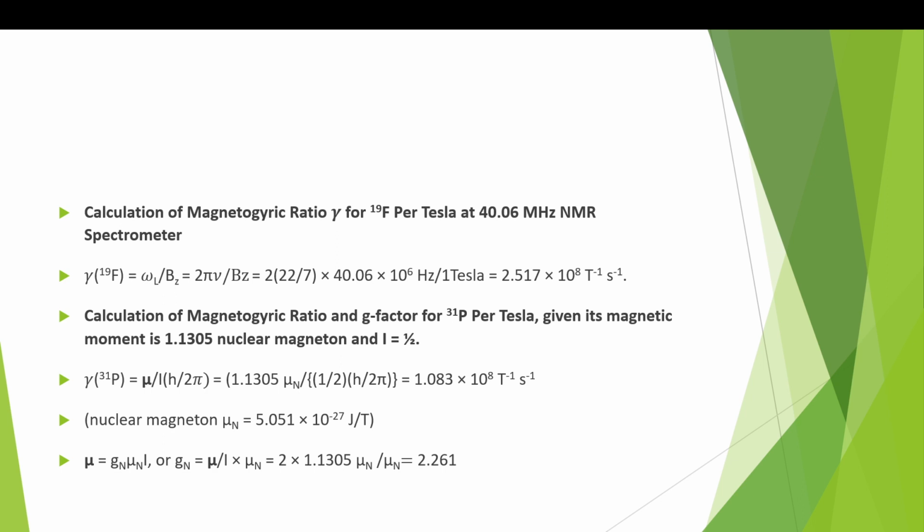Simply by putting the values in the equation, we get the gamma value and the g value. In the beginning, such calculations may appear to be a bit complicated, but they are not. They are very simple and very much essential. Every student must practice these values, the names of the symbols, their values, their calculations. A little practice makes you perfect.